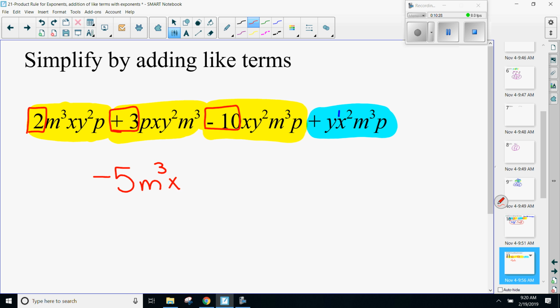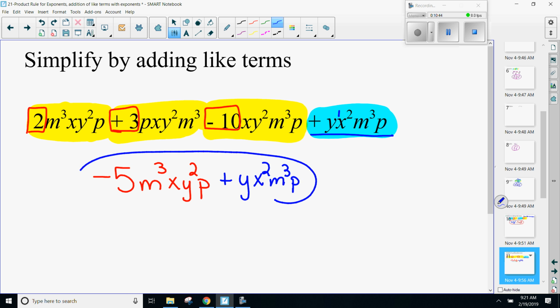X to the first. Y squared in p. Then I have this little number left over there. And there's your answer. Okay?